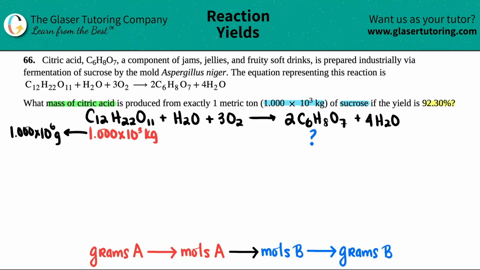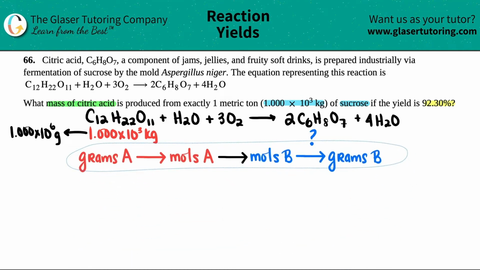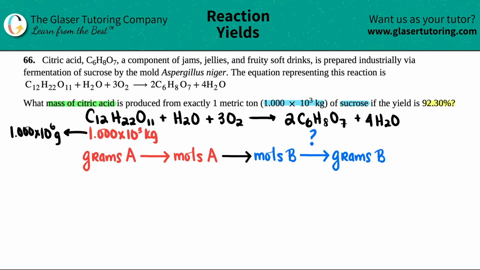Okay, perfect. Now I'm going to use my stoichiometry here because I know what I'm starting with and I know what I'm ending with. We've done tons of problems like this, so this is going to kind of be the quick version.